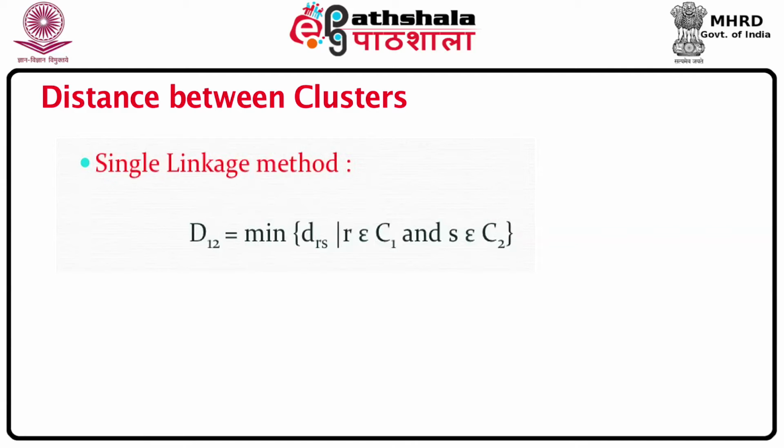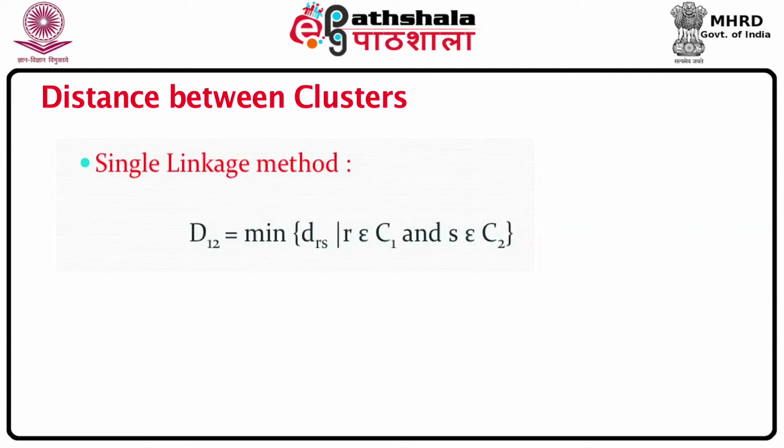So it's the minimum of DRS where R belongs to the first cluster and S belongs to the second cluster. So we look at all the distances between the two groups and find out the minimum of this, and we call this the single linkage distance.